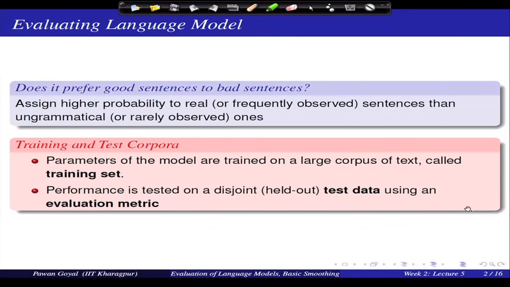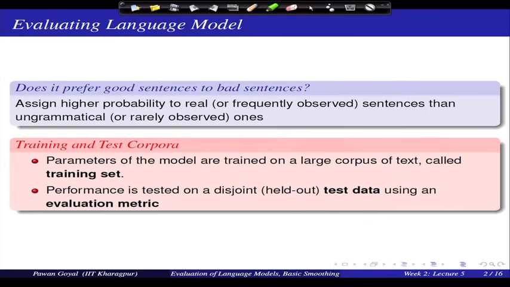For that, we may also use some sort of training and test data. What is the idea behind using this training and test data? I have some corpus and I learn my language model on some part of that. So this is my training set.